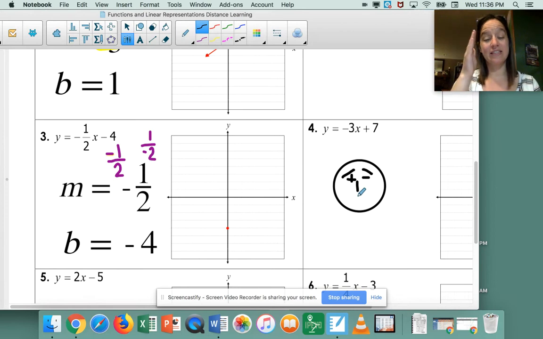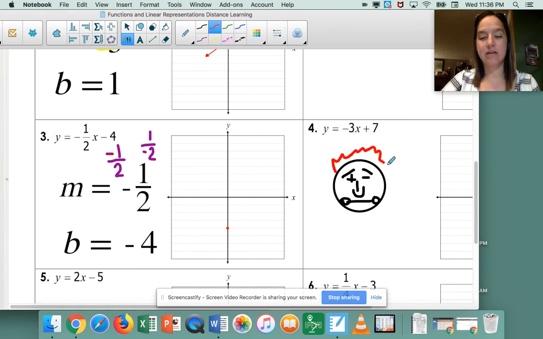If my line is going straight up and down, it has an undefined slope. Now he needs a mouth, because that U is actually part of his nose. And if my line is horizontal, I've got a 0 slope. Not too bad. And then we always like to give him some hair, so there's his red radical hair.